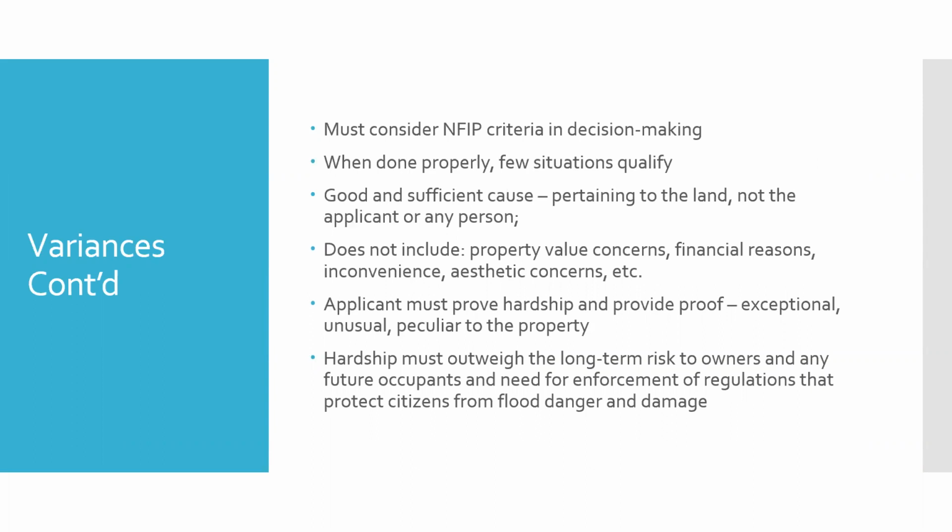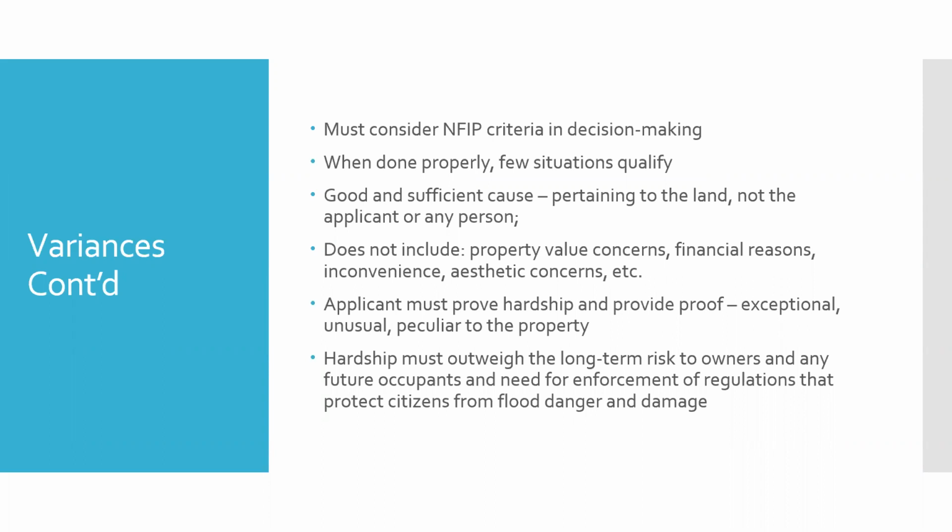So we need to consider the NFIP criteria when we make these decisions, because when it's done properly, very few situations qualify. And I really don't like dealing with variances because people often don't have the justification that's really needed to grant it, which is good and sufficient cause that pertains to the land, not the applicant.